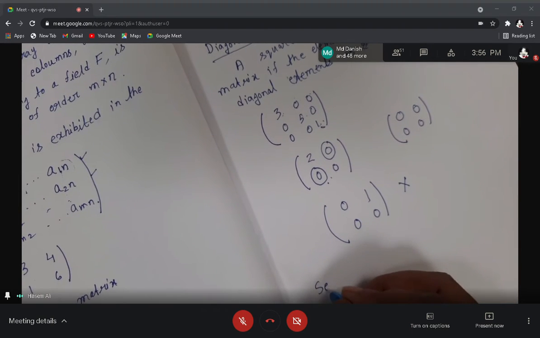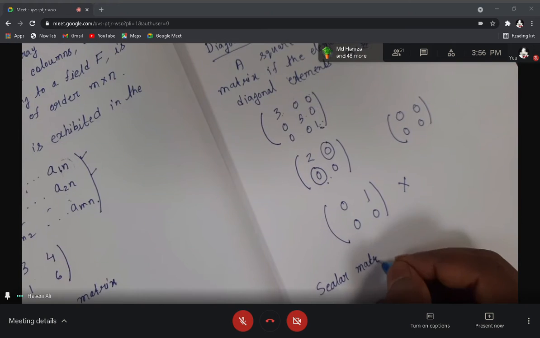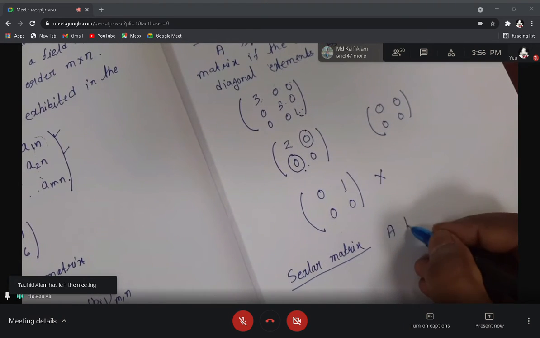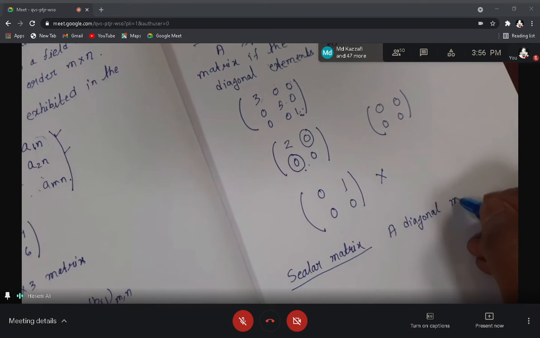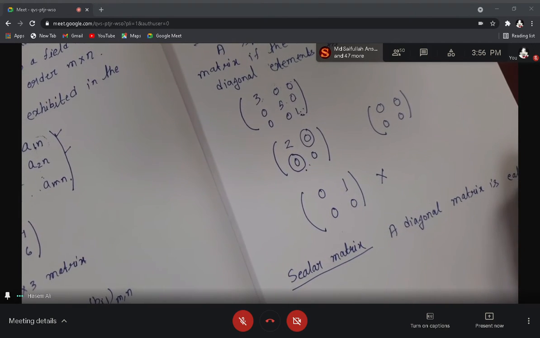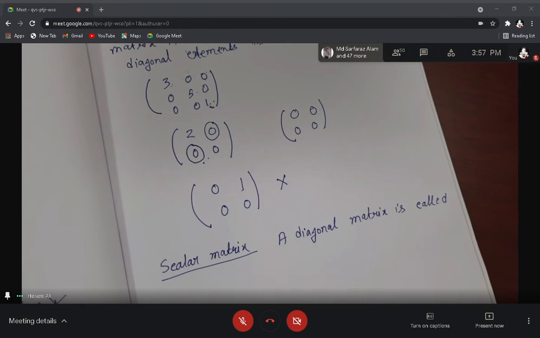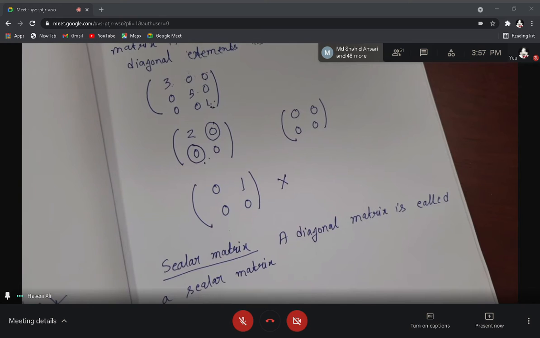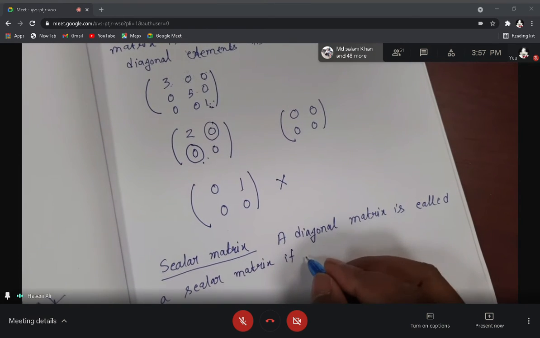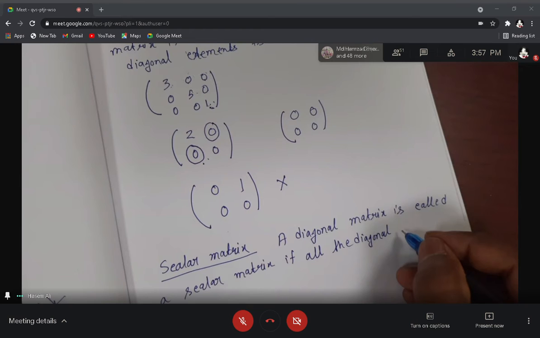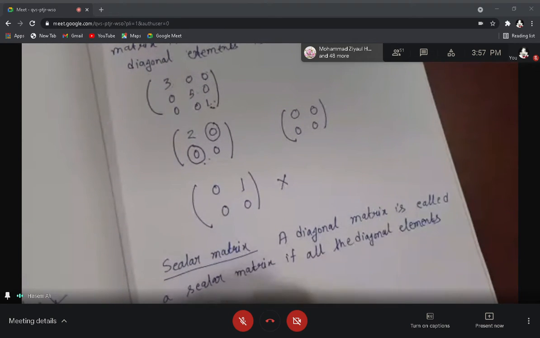Now, a scalar matrix. First, a diagonal matrix is called a scalar matrix if all the diagonal elements are equal.